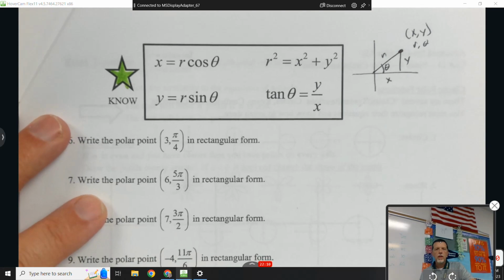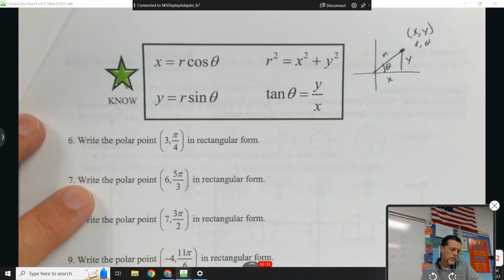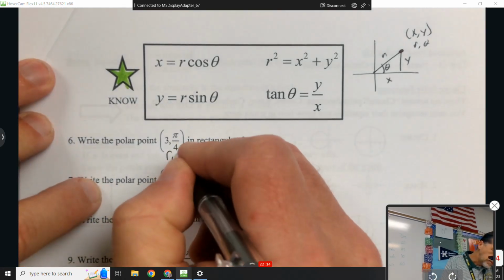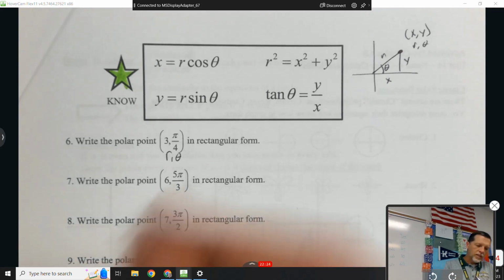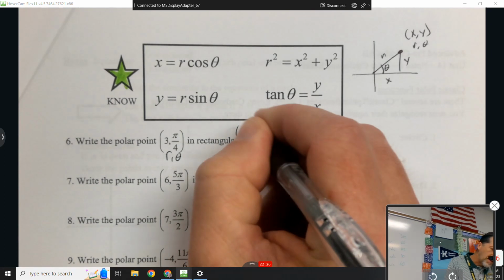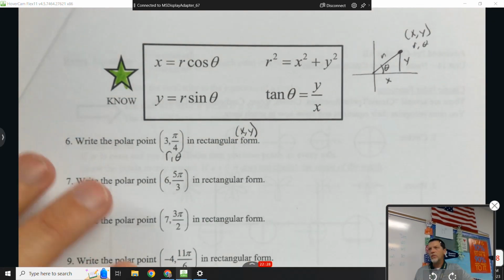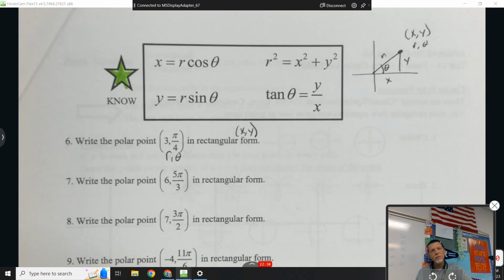All right, write the polar point. So that's an r, theta in rectangular form, rectangular form meaning xy. Some people can do this without a picture. I guess this is like all math problems. A few people can handle it without the picture.